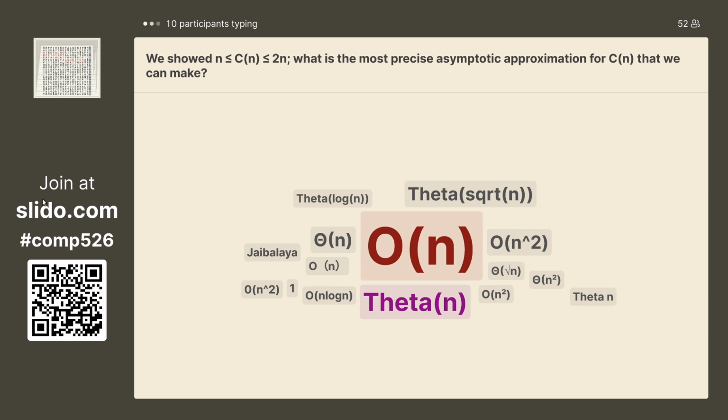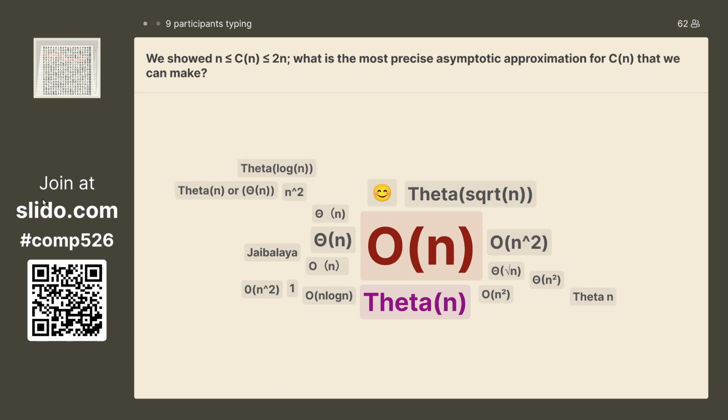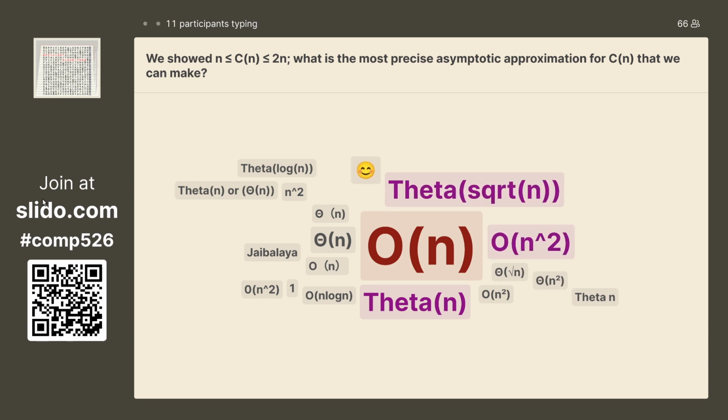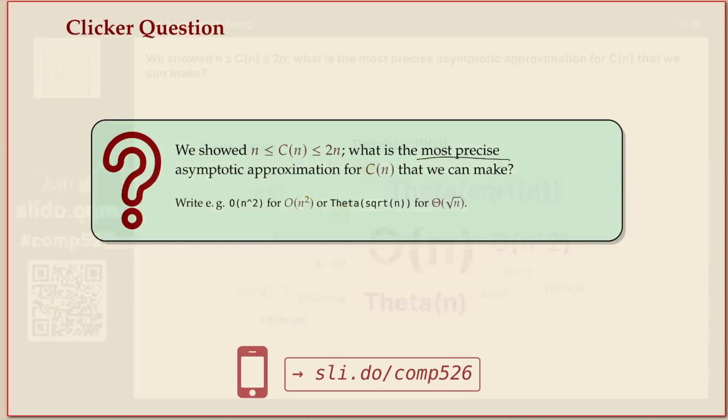Oh, someone found out how to type the square root. Oh, you copied it from... No, I didn't put it here. Fair to say that we have different answers. The most precise one, yeah, I know, this is deteriorating now, so I'll let you have fun. But I'll move on. It's getting late, I know.